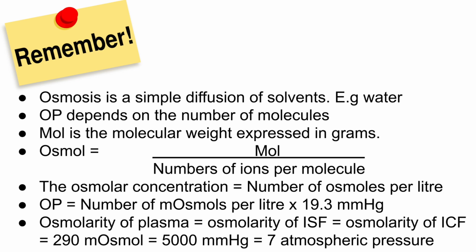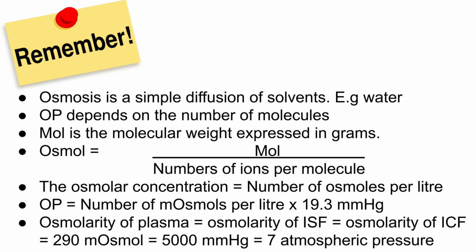Osmosis is a simple diffusion of solvents, for example, water. Osmotic pressure depends on the number of molecules. A mole is the molecular weight expressed in grams. Osmol equals mole divided by the number of ions per molecule. The osmolar concentration equals the number of osmoles per liter.